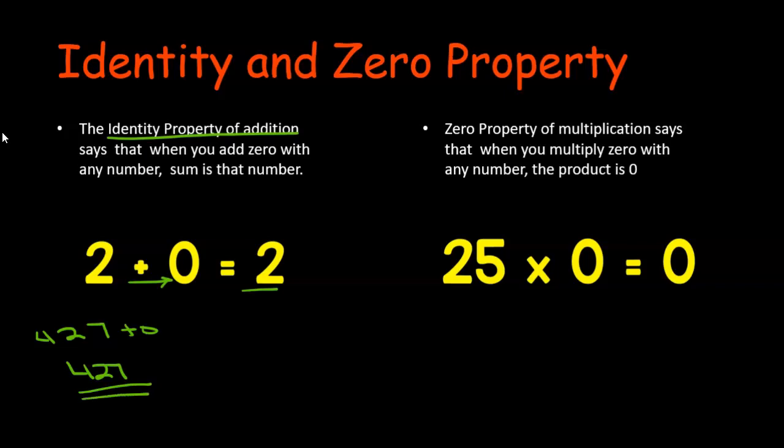The zero property of multiplication just means that when you multiply by 0, you're going to get 0. Any number that you multiply in the whole entire world, 1,256,000, okay, times 0 is going to equal 0.